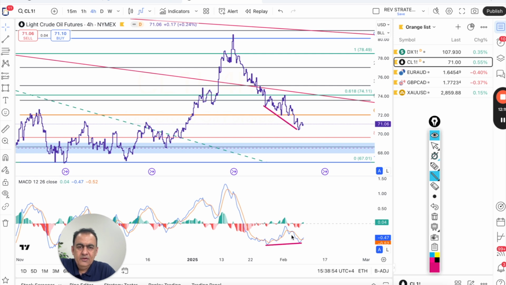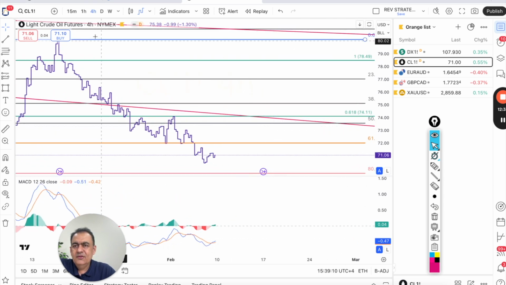So divergence applied on MACD lines. So if buyers are strong, then they should push the price at least towards this high, because this is the BOS level. Okay, so let's move down and let's see on 1H. I'm gonna use this as the target for buyers now.